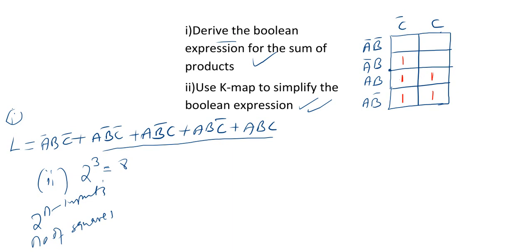So in this case, in the K-map, we have this loop, and we have this loop. We have those two complete loops. So let's now proceed.